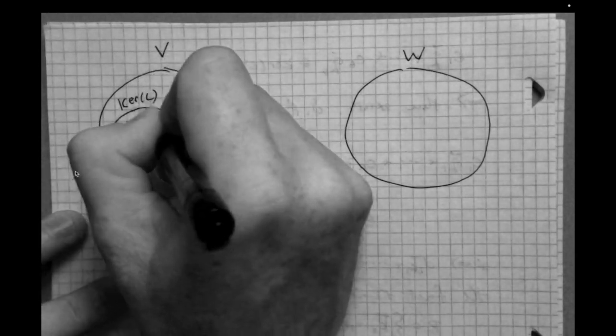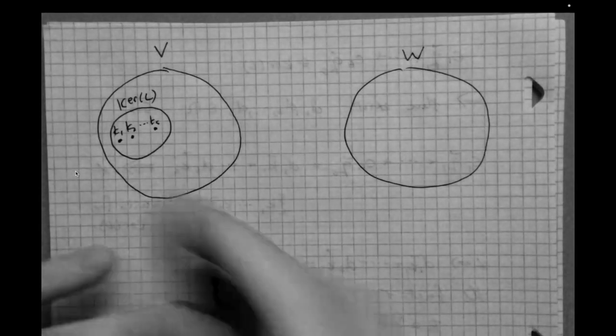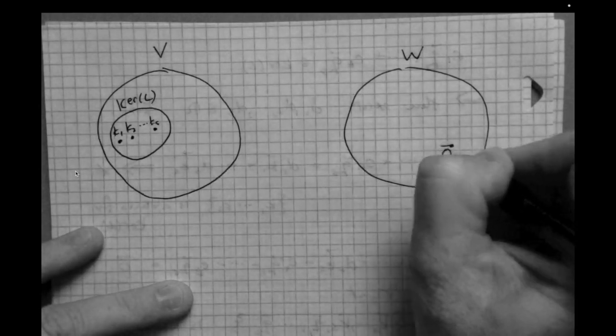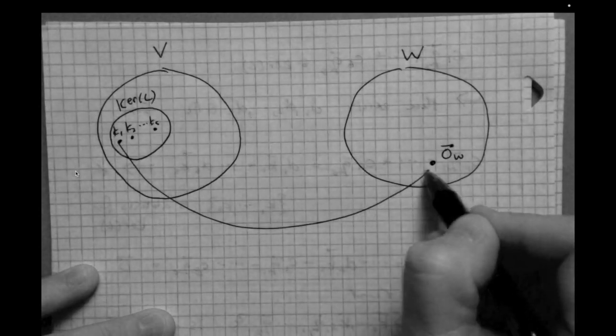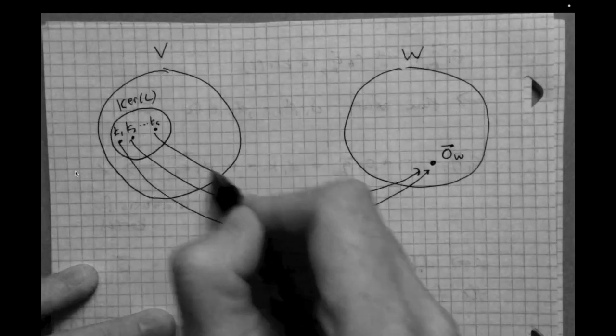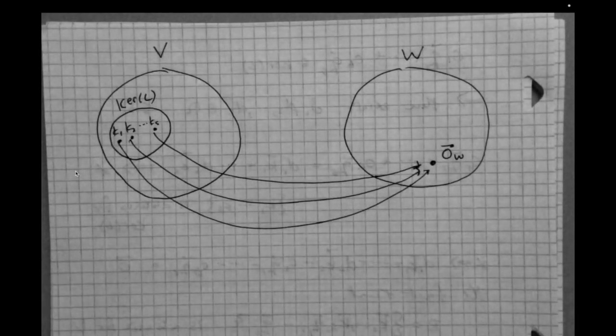We'll call those basis vectors. All of those basis vectors map to a single vector in W, which is the 0 vector. So all of these go to the same place, and all the vectors that map to the 0 vector we call the kernel.